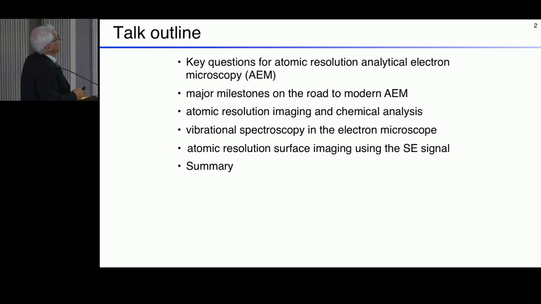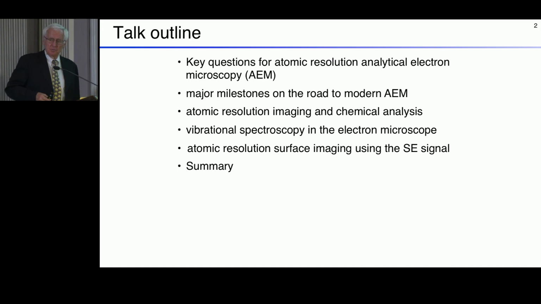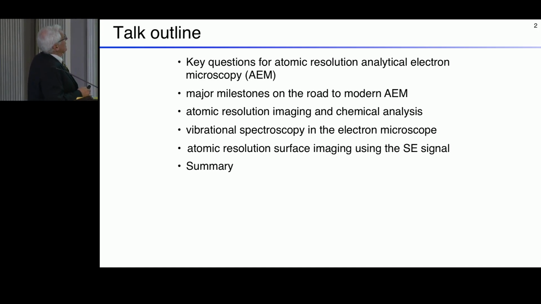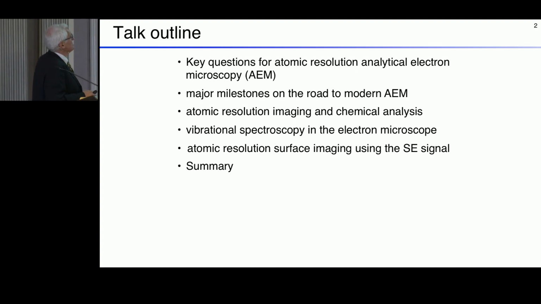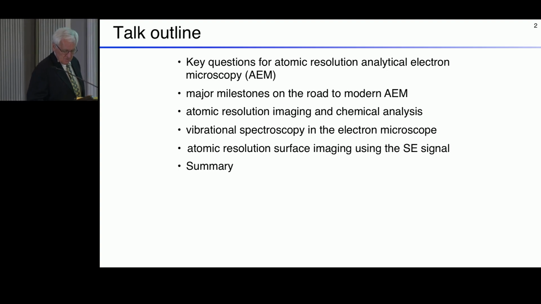I want to tell you what we can do at atomic resolution for imaging and chemical analysis. One of the latest things that we can now do is vibrational spectroscopy in the electron microscope, so I'll spend a little bit of time on that. And we can also now do atomic resolution surface imaging using the secondary electron signal. So I want to show you some results from that, and then of course a summary.